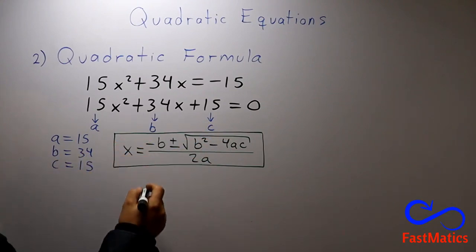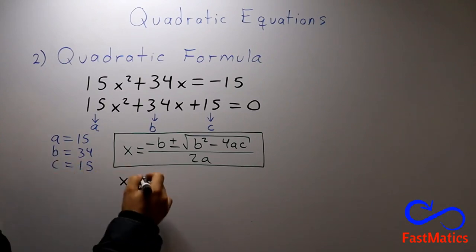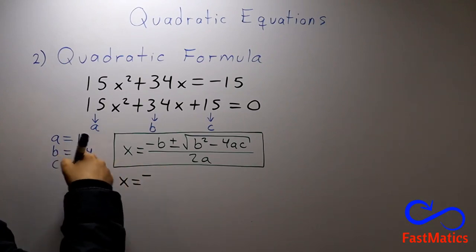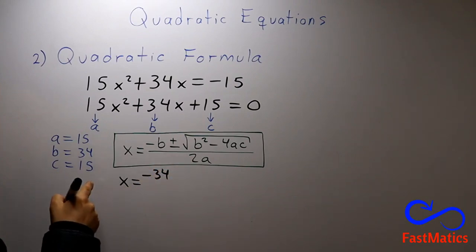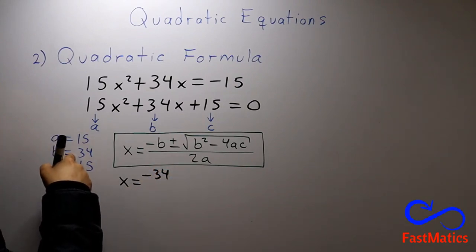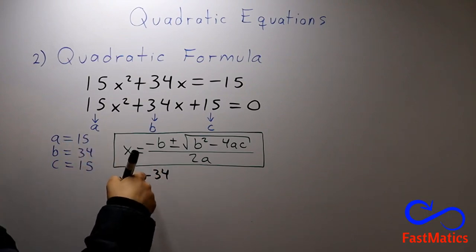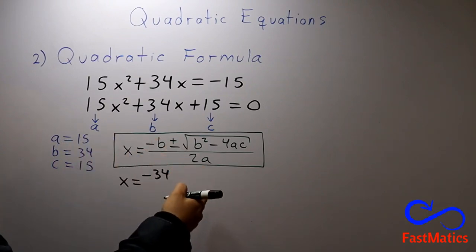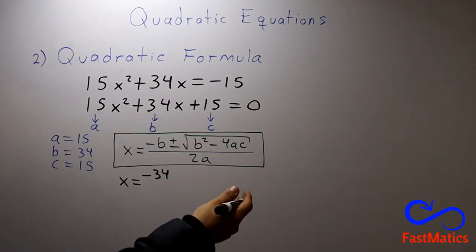But here, we calculate that x is equal to minus the value of b. And pay attention, because if we have negative 34, we should put minus negative 34, and negative times negative would be positive.